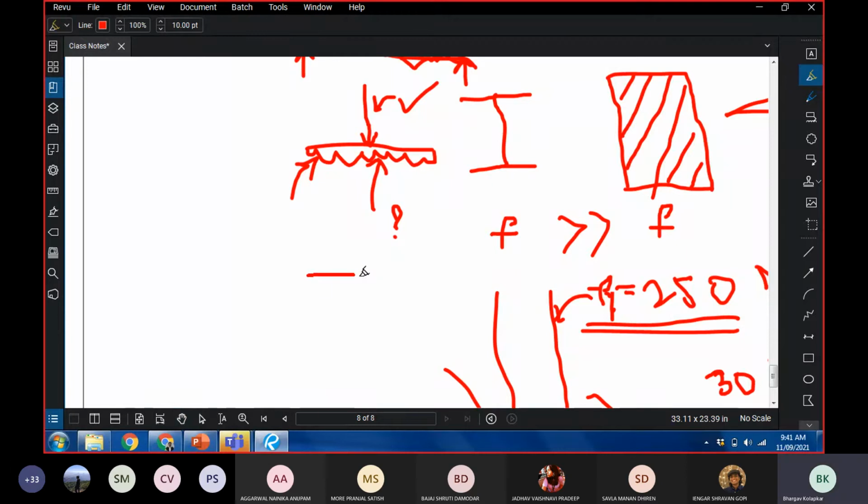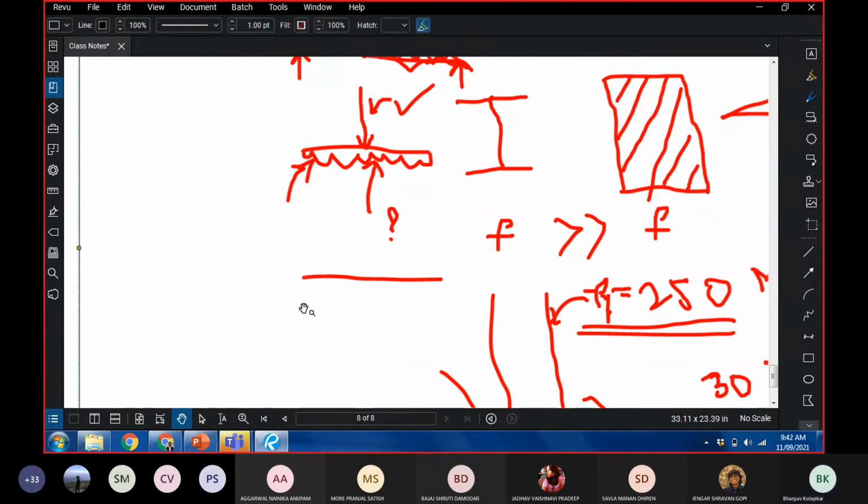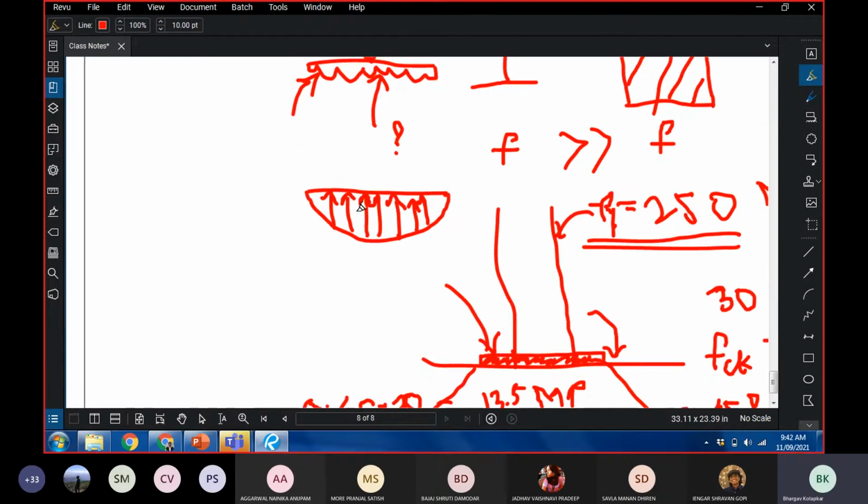So even if this is a point load, what may happen is the soil might exert a resisting pressure, which is something like this, wherein maximum pressure is exerted concentrically below the column, and then there's less pressure on the other side.